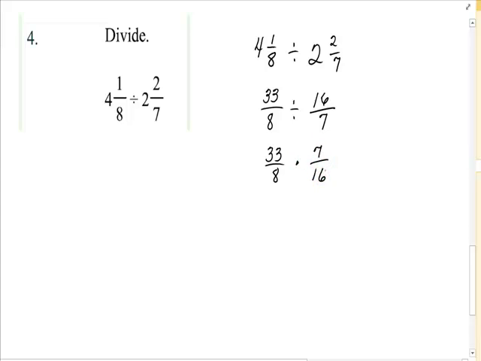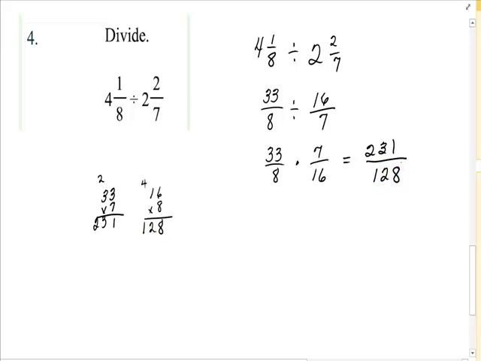Well, it would have been nicer the other way, but I don't believe there's anything I can bow tie. So I've got multiplication and division. Okay, I've got 33 times 7 gives me 21, carry the 2, that's 21, 23. So the top is 231 over 16 times 8. That's 48, carry the 4, that's 128.